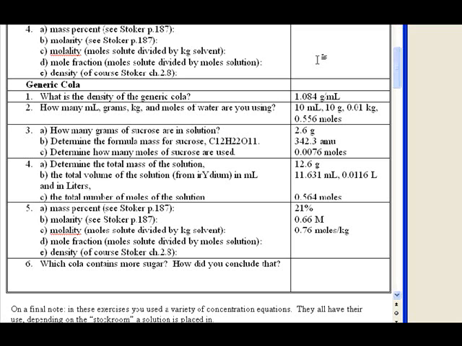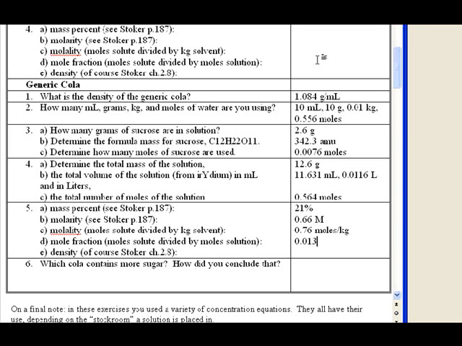The mole fraction, perhaps also not in the book, moles solute divided by moles solution. So moles solute is 0.0076 of the sucrose divided by the moles of the solution, which is a total of 0.564, and that comes out to a fraction of 0.013.